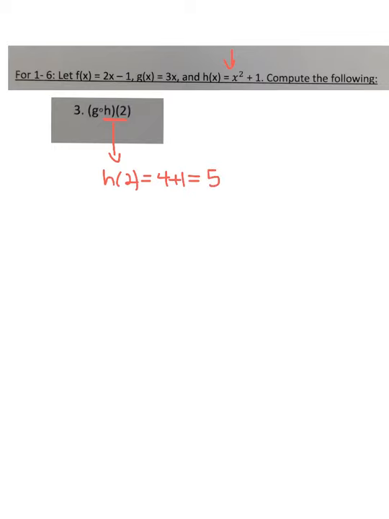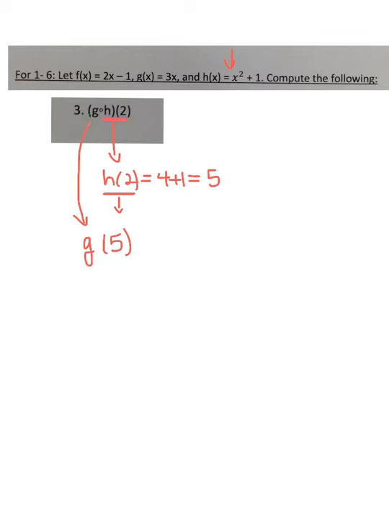Okay, so now that we know that H of 2 is 5, we bring down that G from up there, and we evaluate that. Let me just repeat again. Basically, we found H of 2, we got its value, and once we get what H of 2 is, we replace it with its value, which was 5, and then find G of that 5.